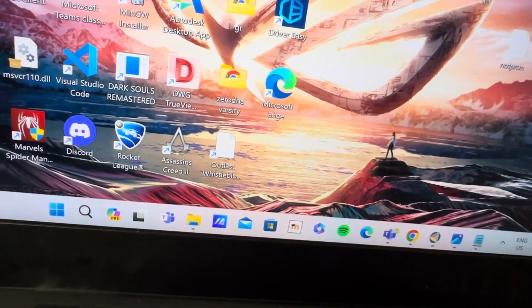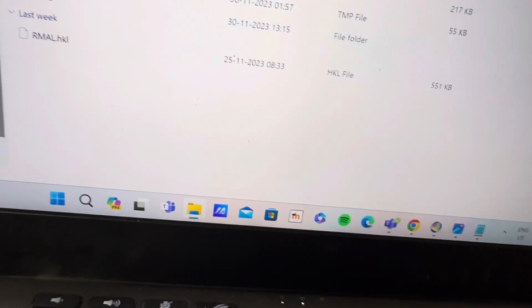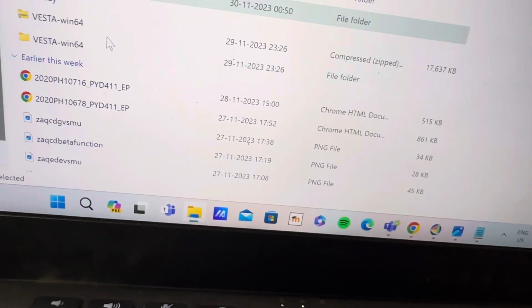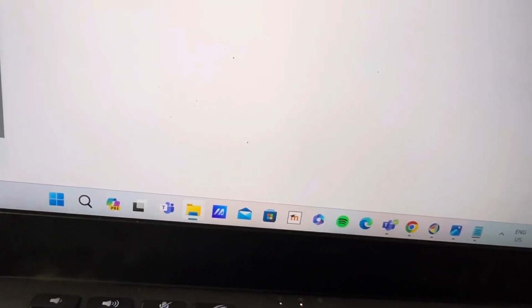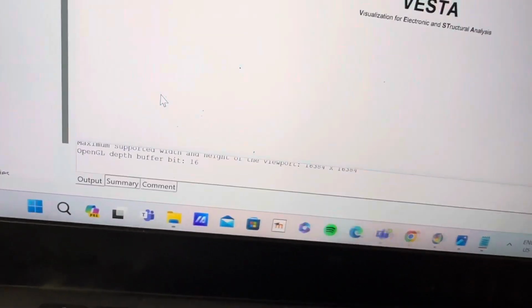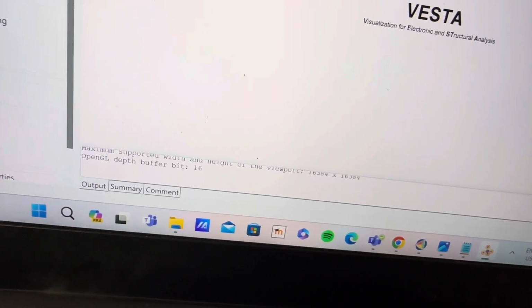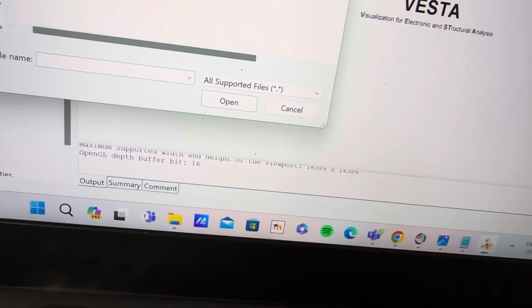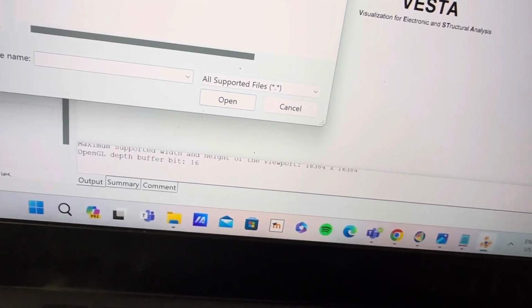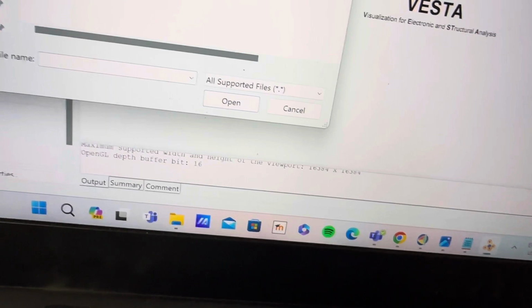So Vesta, right, I'll open this and simulate the PXRD pattern for data 2.